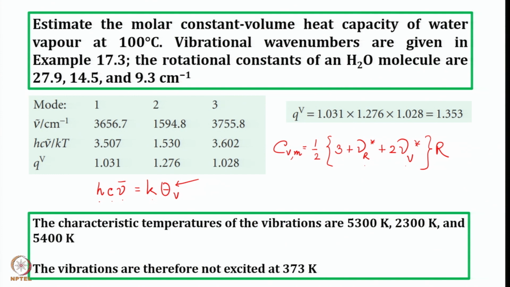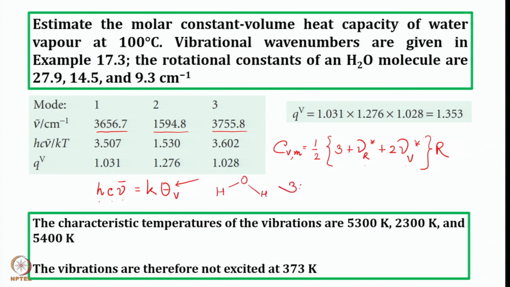Now, you can look at this table. The wave numbers: the first one is 3656.7, the second one 1594.8 and the third one 3755.8. This is water. Water is a non-linear molecule.